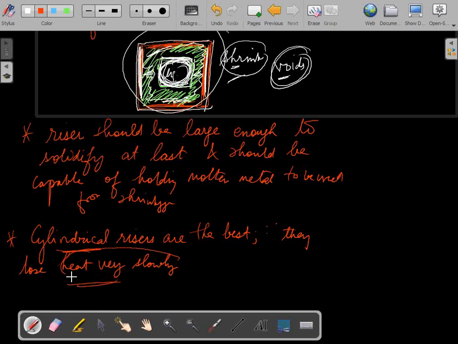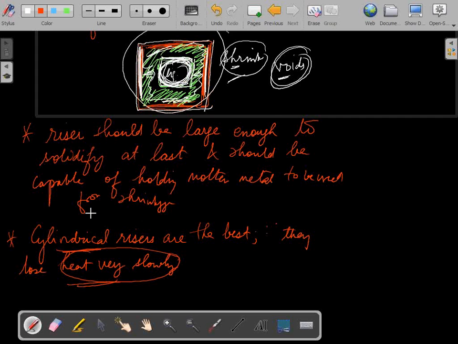So, if they lose heat very slowly, this means, see, it is not a question of may, it should never solidify first. Because if it solidifies first, the whole point of using a riser is not met.